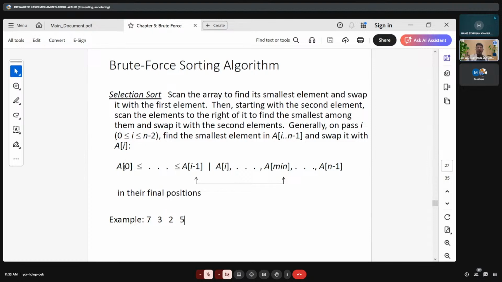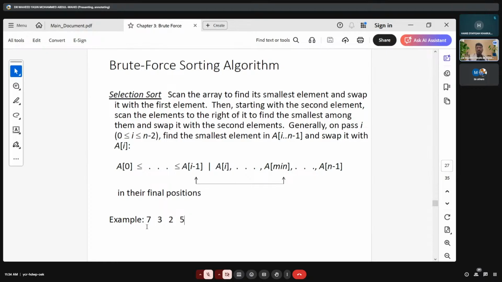So here we have A[i-1], A[min], A[n-1]. Here we replace A[min] with the minimum in its final position. Example: 7, 3, 2, 5. Here we compare 7 with the rest, and we check which is the minimum. What is the minimum value here? It is 2.